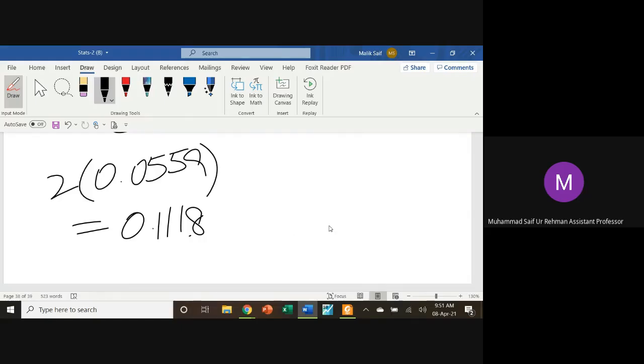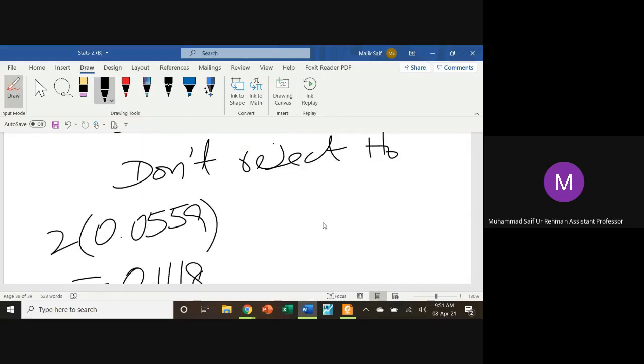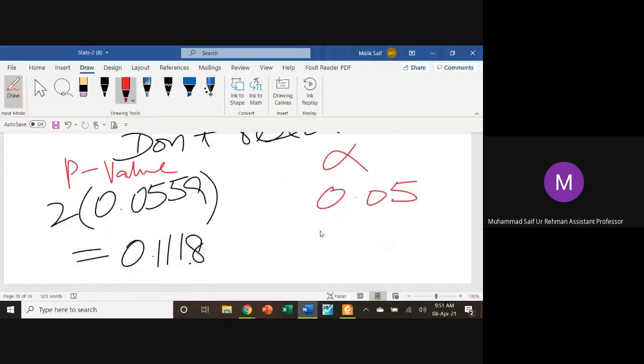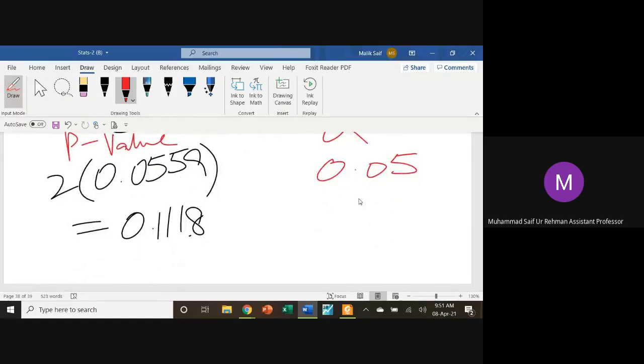Fine. So now what will be the value of alpha? This is your probability value for two tails, and here you write down alpha. Now alpha will be equal to 0.05, whatever there is in the question. So when you multiply this with 2, you will compare it with 0.05.